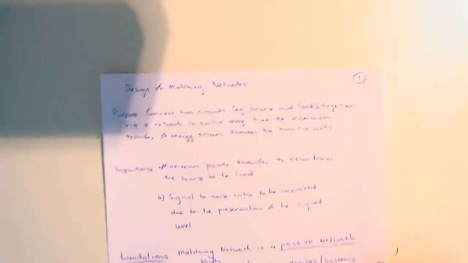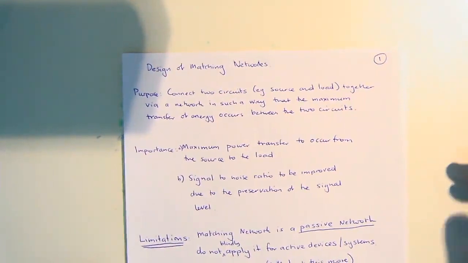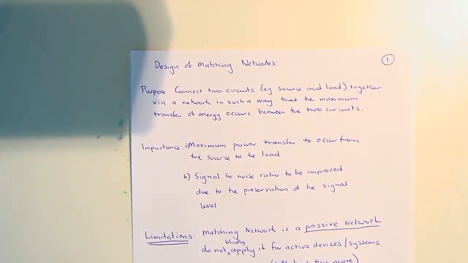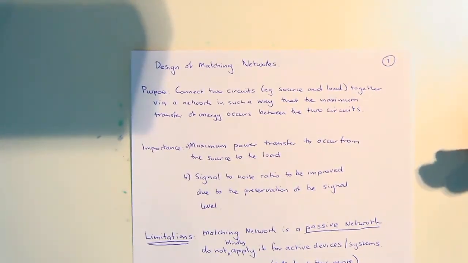Now, in this lecture, let's start talking about designing matching networks. Essentially, when we say that we want to design matching networks, we want to connect two circuits or two components together in such a way that we get maximum transfer of energy between the two circuits.